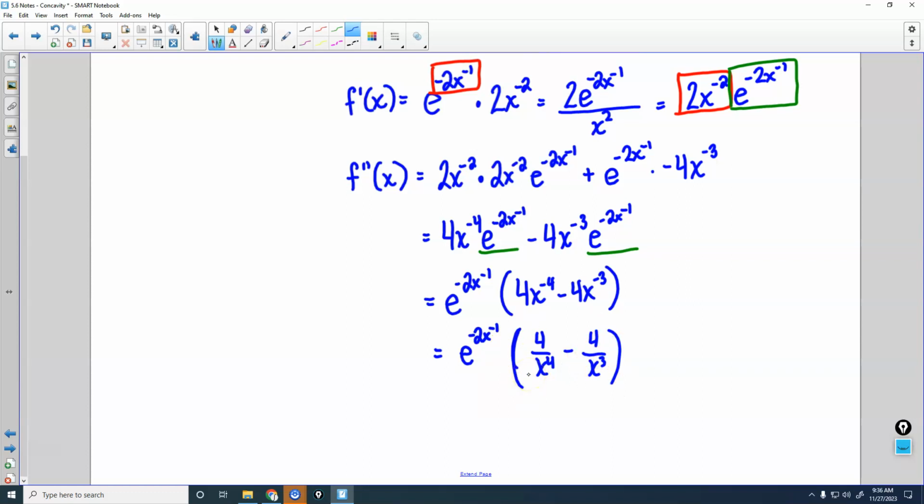And I really need to get common denominators there, right? So I need to add an x to the top and bottom on that second one. So that would give me e^((-2x)^(-1)) times (4 minus 4x) over x^4.